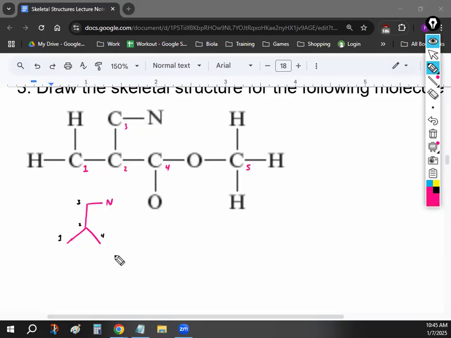And then if you look at carbon 4, there's an oxygen going down. So we're going to copy that down. There's oxygen on the other side of it. So oxygen. And then carbon 5 is our last corner like that. So something that looks like that. And I've labeled the carbons for you. You don't need the labels, the 1, 2, 3, 4, 5. That's just there so you could refer back to. Okay.